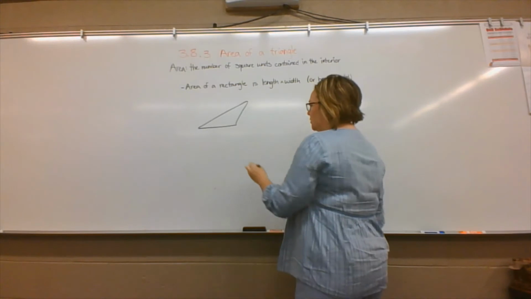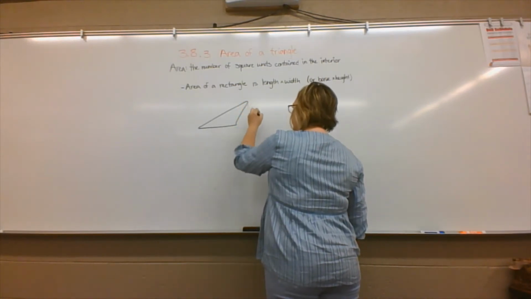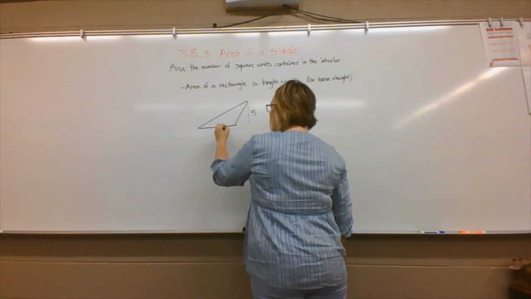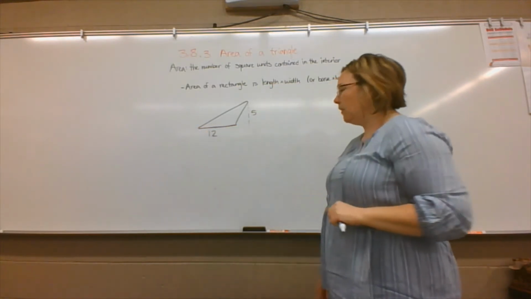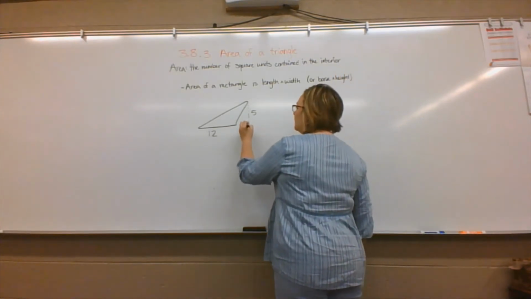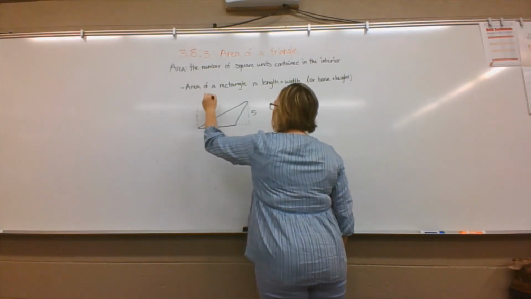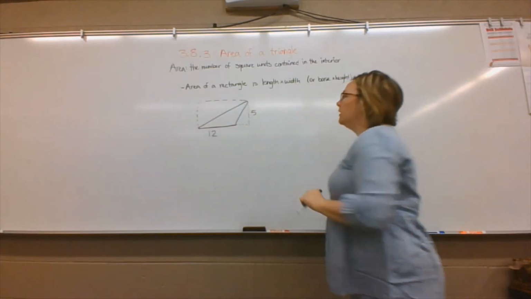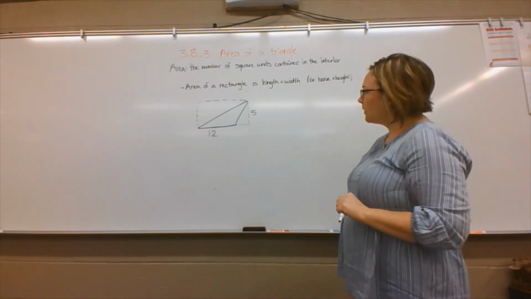So this has measurements. This measurement through there is 5, and this one across here is 12. So we want to find the area of this triangle. This still really becomes like a rectangle. We can extend it out for us to create a rectangle.